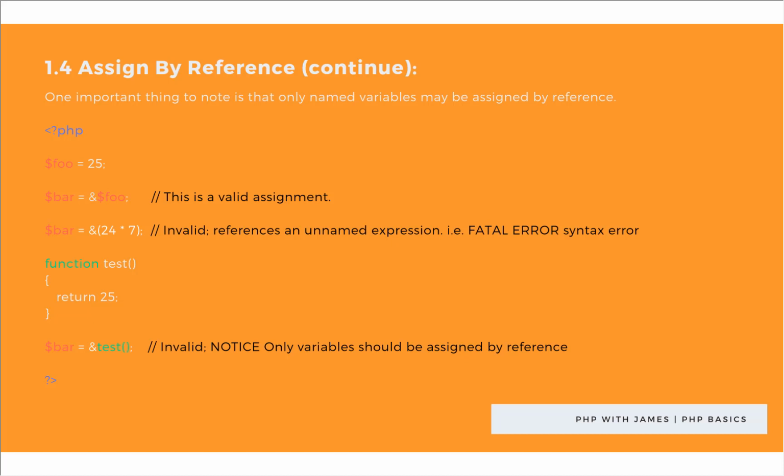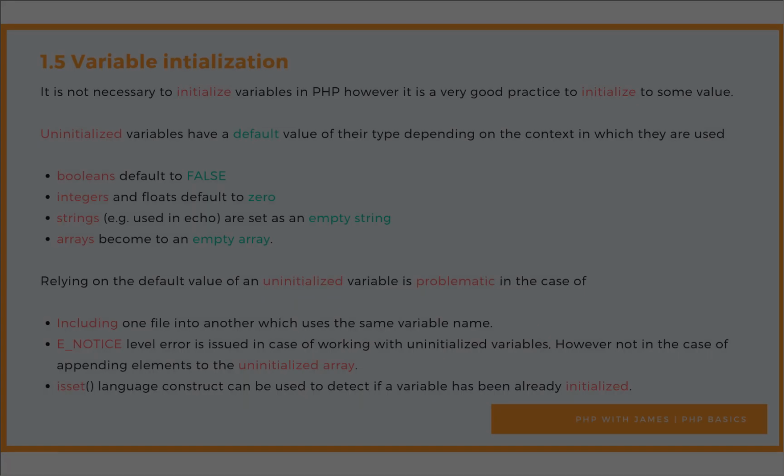It's invalid because it references an unnamed expression; that is a fatal error, basically a syntax error. So we cannot assign this way. We can assign only variables to variables by using assign by reference. We also have an example like function test, which returns 25. $bar equals ampersand test() is also invalid, because only variables should be assigned by reference, not functions. So this will make assigned by reference clear.